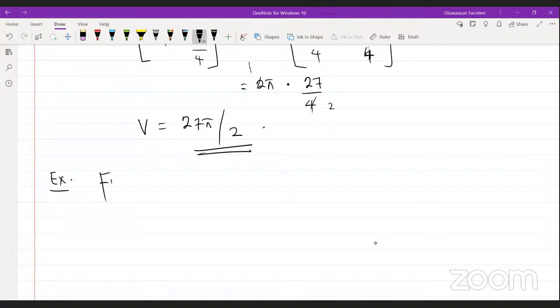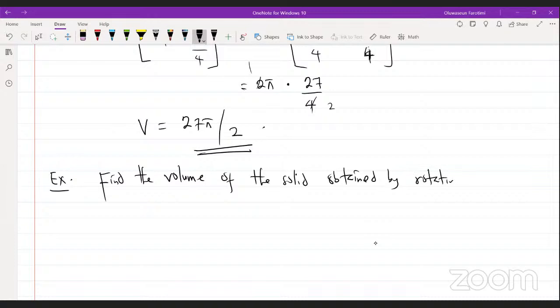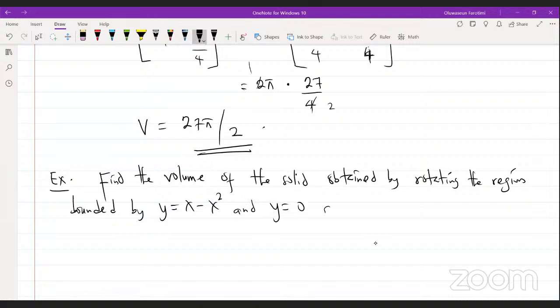So here we want to find the volume of the solid obtained by rotating the region bounded by y equals x minus x squared, and y equals 0, about x equals 2.